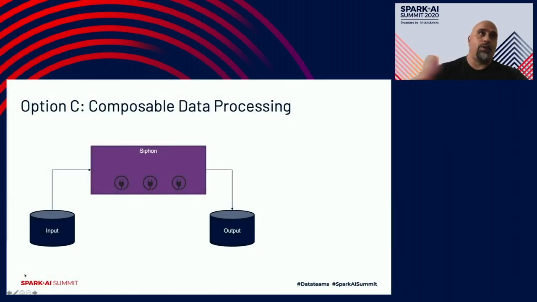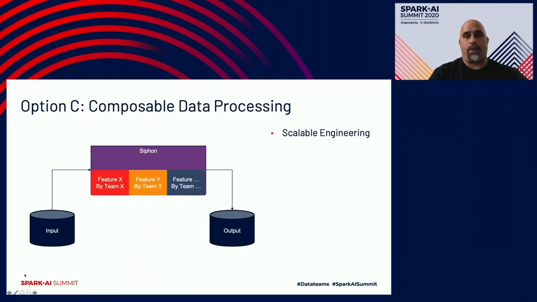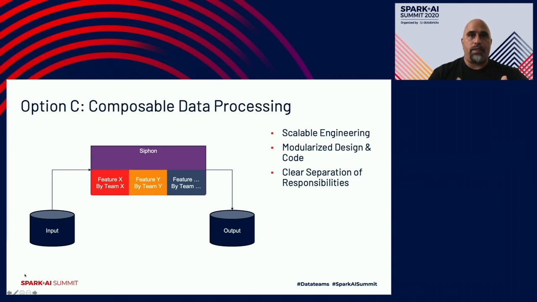So this led us to look at option C, which is composable data processing. We kind of want to have our cake and eat it too here. So we asked ourselves the question, what if we allow these other teams to plug into Siphon? This will allow us to scale our engineering effort and modularize our design and code. We can also provide a clear separation of responsibilities.